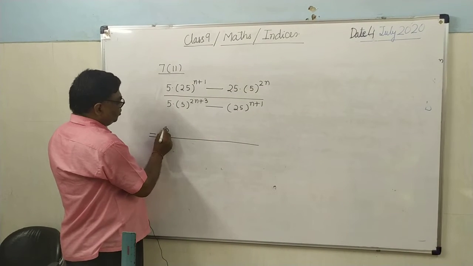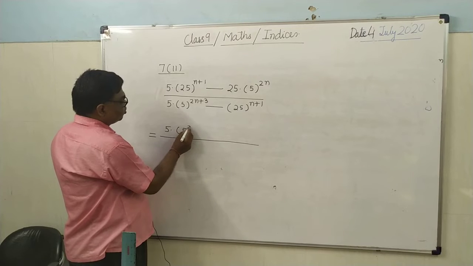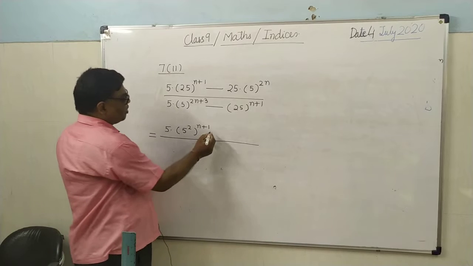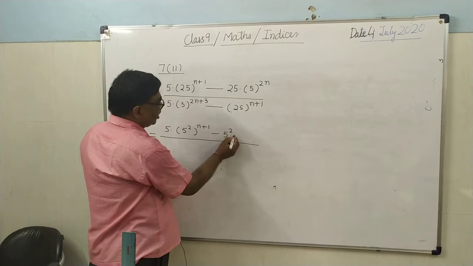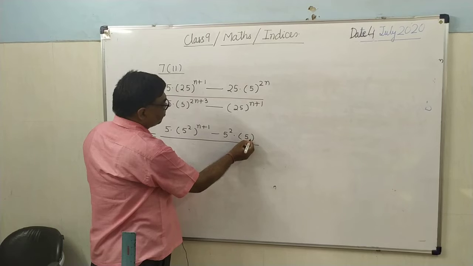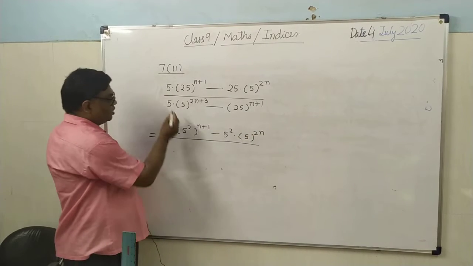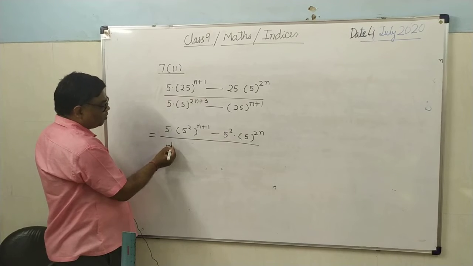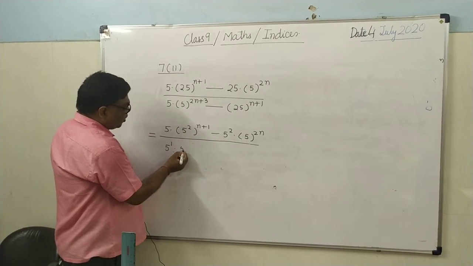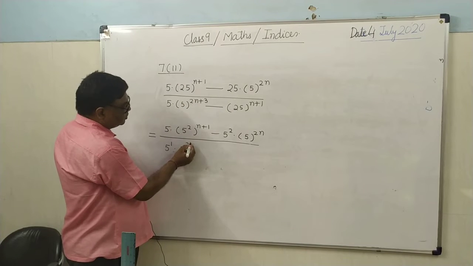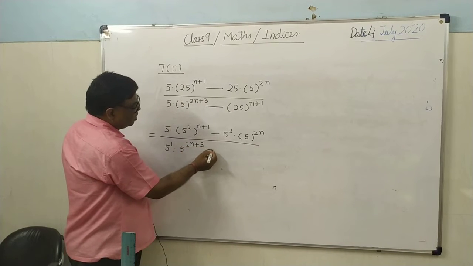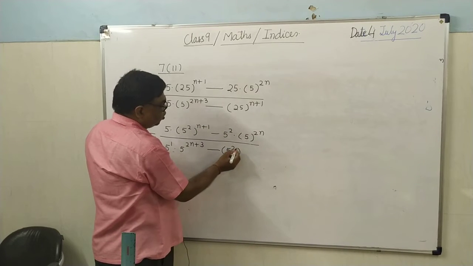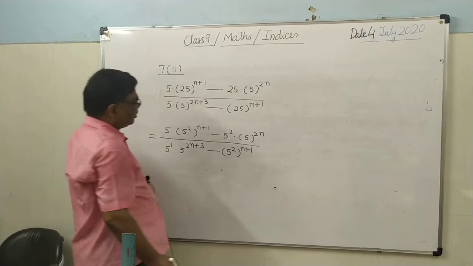It is 5 into 5 square whole to the power n plus 1, minus 5 square into 5 to the power 2n, divided by 5 to the power 1 into 5 to the power 2n plus 3, minus 5 to the power 2 whole to the power n plus 1.